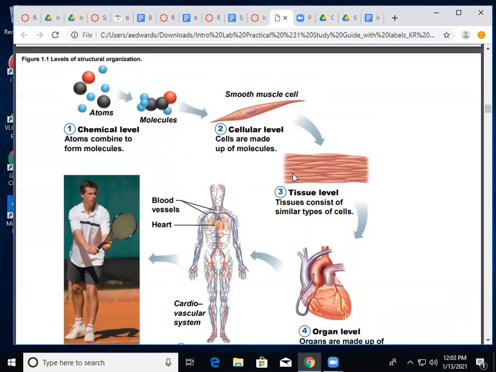We're going to transition in the next chapter and lecture from talking about the human body as a whole, to talking about chemistry, then cells and tissues, then organ systems. So it gives you an overview. You want to know these different levels.